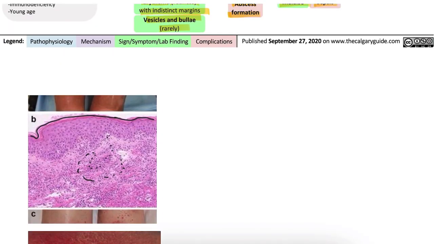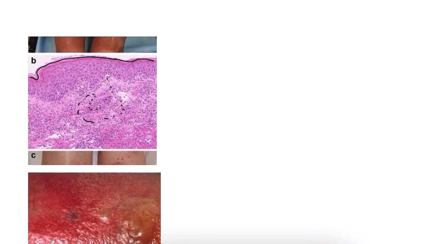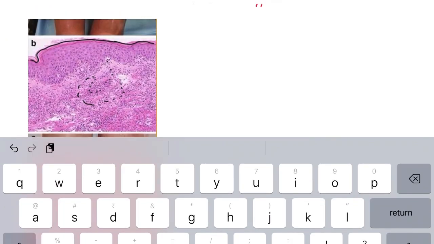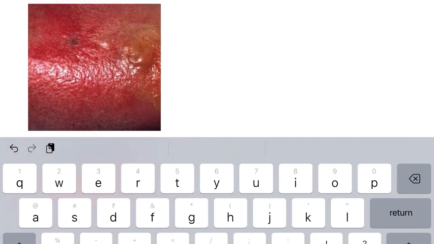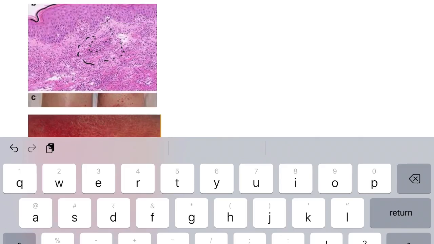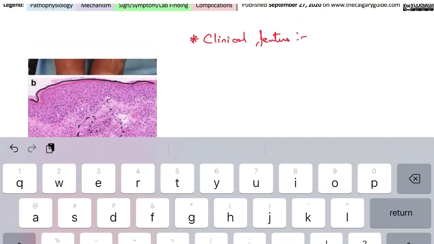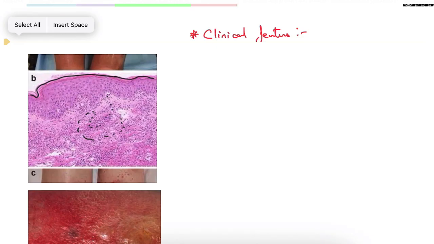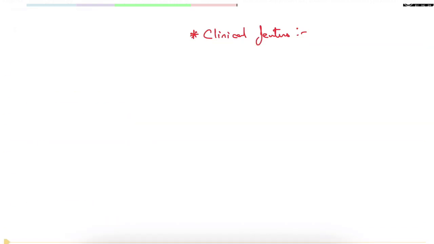Okay, next we can see clinical features. In clinical features, next we can see some clinical features.